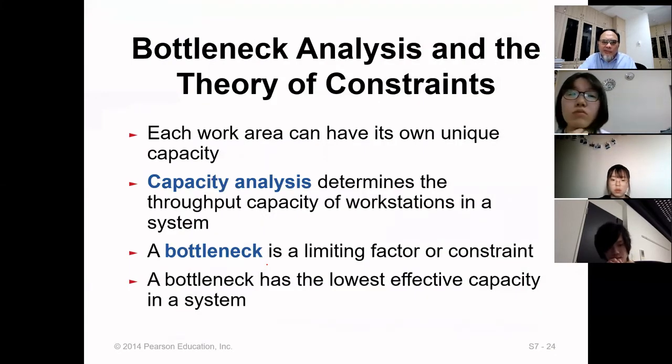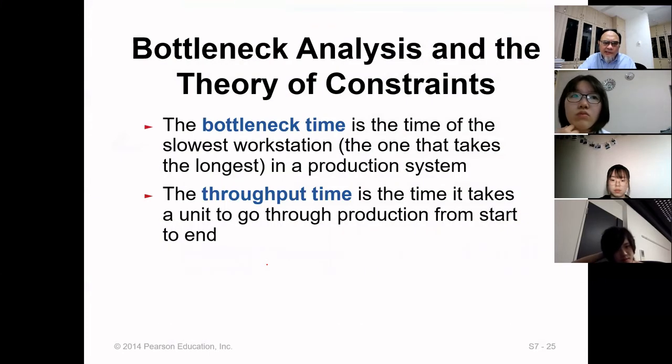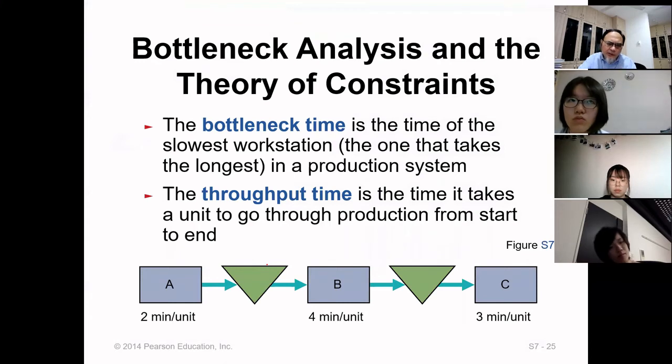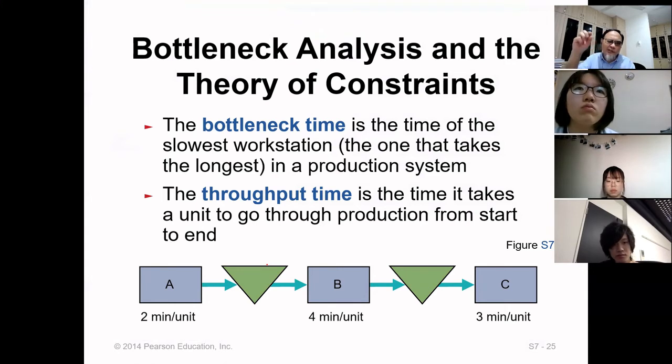I told you just now about bottleneck analysis. There will always be bottlenecks in any system. The bottleneck is the time of the slowest work machine. Think of a bottle with a neck: it slows down the flow.